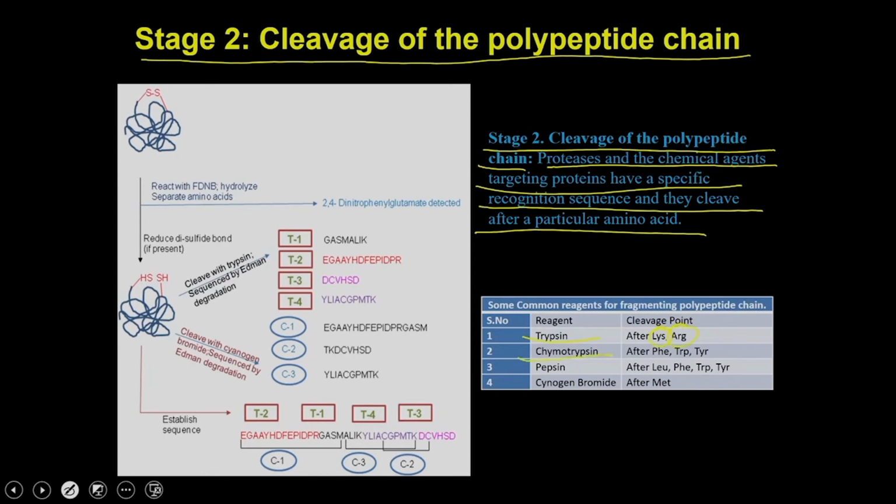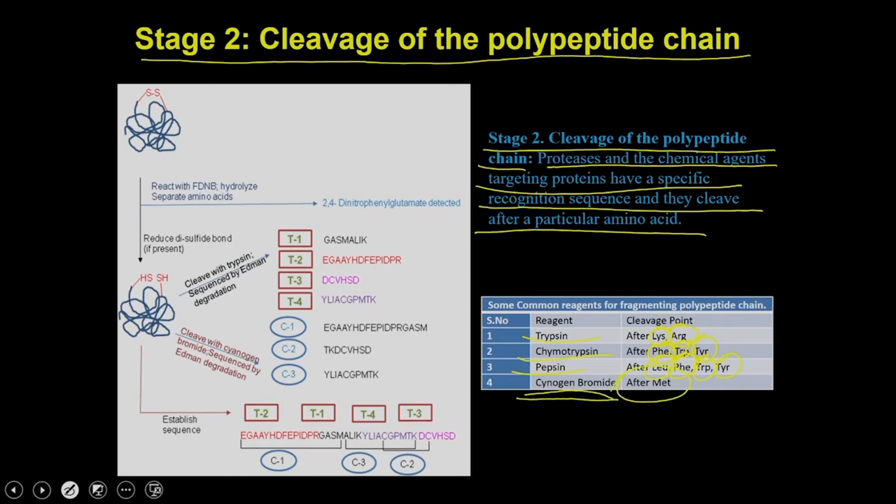Similarly, you can use chymotrypsin, which cleaves after aromatic amino acids like phenylalanine, tryptophan or tyrosine. Similarly, you have pepsin, which cleaves after leucine, phenylalanine, tryptophan or tyrosine. You can also have reagents like cyanogen bromide, which cleaves at methionine.